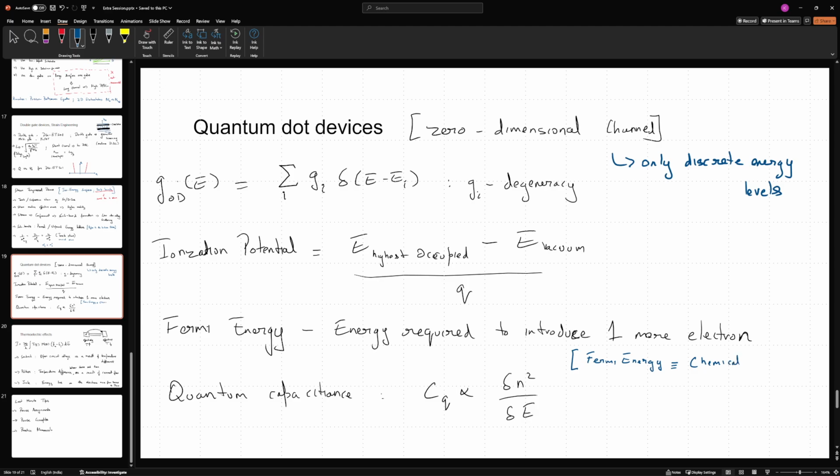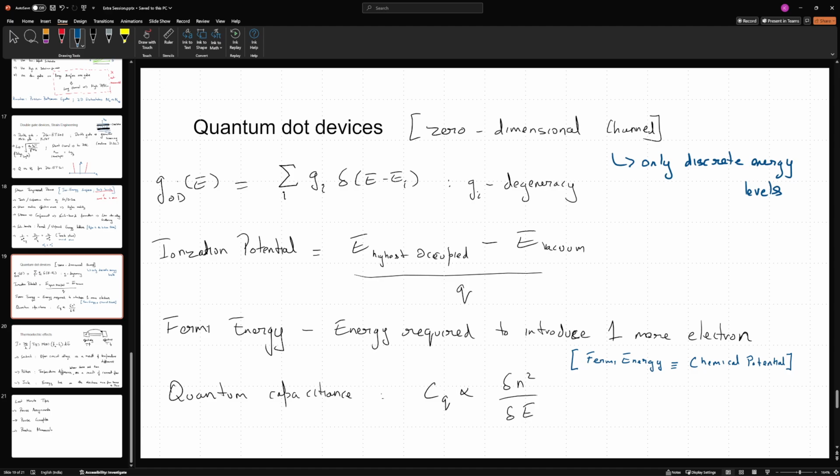They are one and the same. Okay, there is no distinction between them. Again, through examples, I showed how the Fermi energy shifts when the number of electrons present in a quantum dot-like system shifts. So this was numerically shown with an example. And then we have the idea of a quantum capacitance. The CQ is given by delta n squared upon delta E. Again, this was explained and a numerical was evaluated for the same.